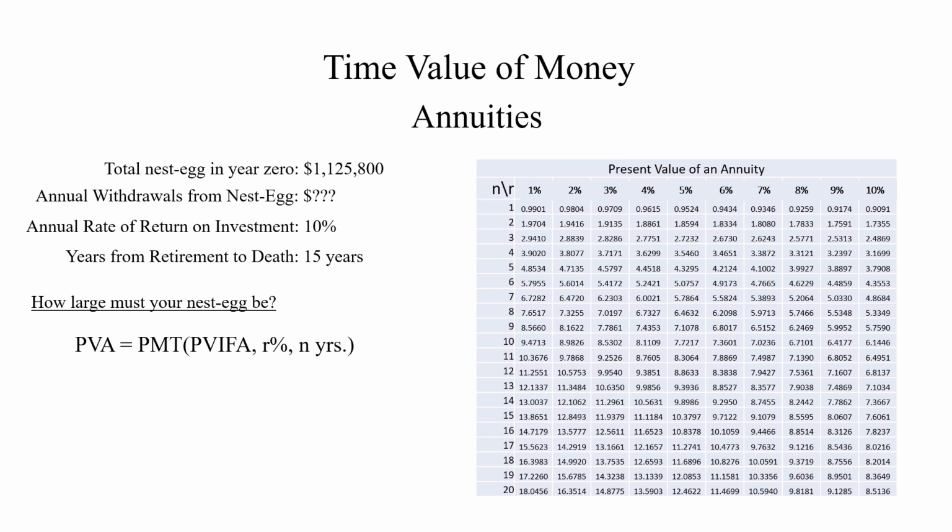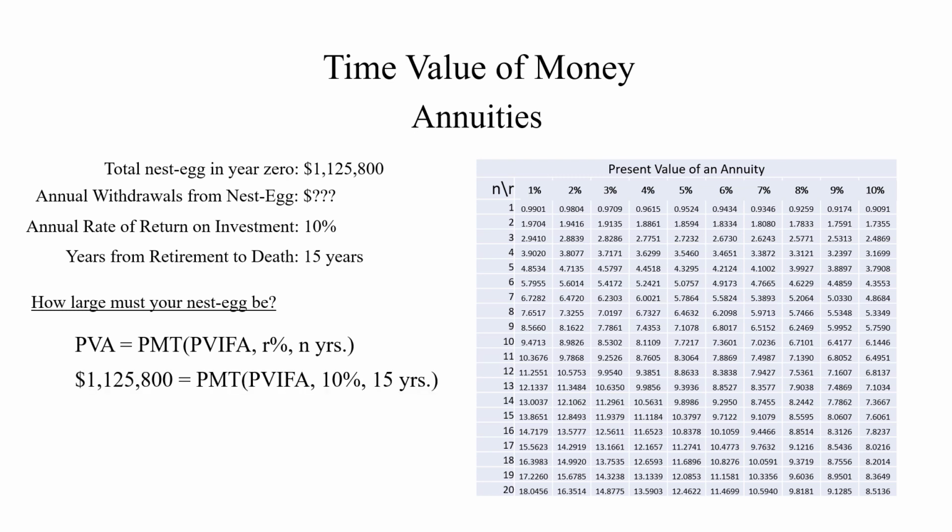Here's another variation. Suppose you could get a 10% rate of return on investment. How much could you withdraw per year from your $1,125,800 nest egg if you only needed it to last for 15 years?